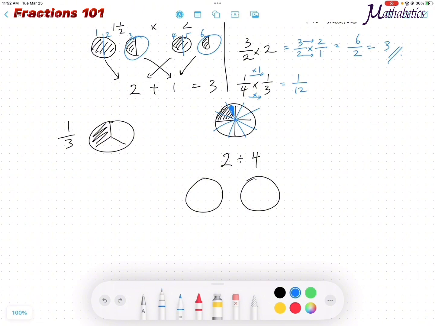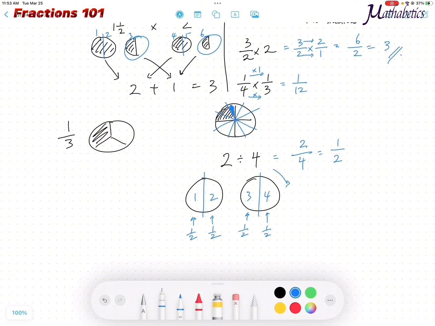We divide them equally in half so that I have 1, 2, 3, 4 pieces. And so when we write this, it's like saying 2 divided by 4, because that's what fractions are, right? And I'm simplifying this. I'm going to get half. So each piece is a half. That's a half. That's a half. That's a half, and that's also a half.